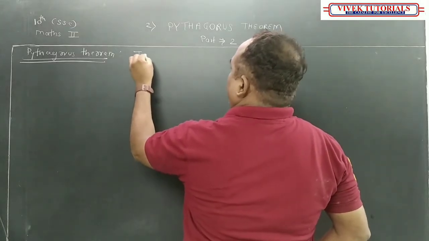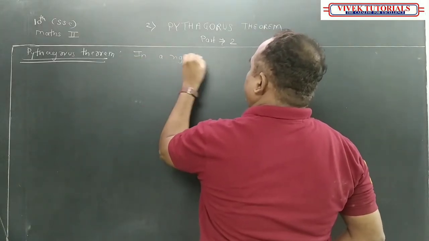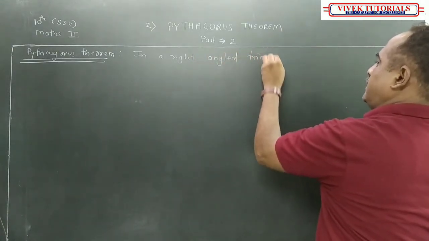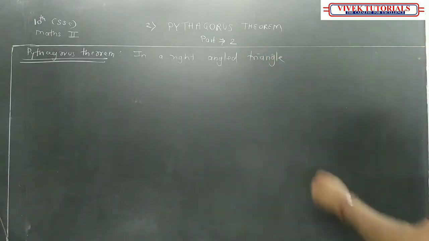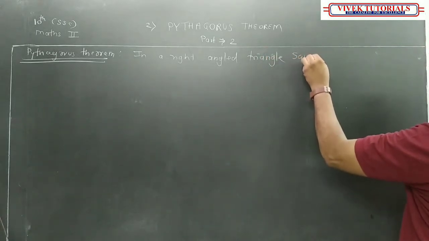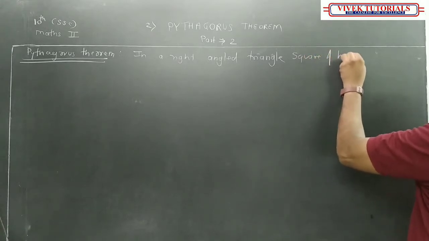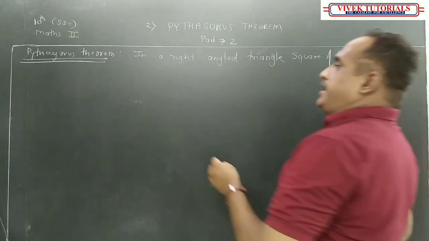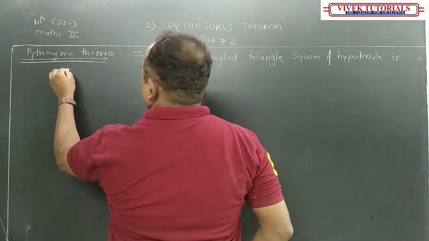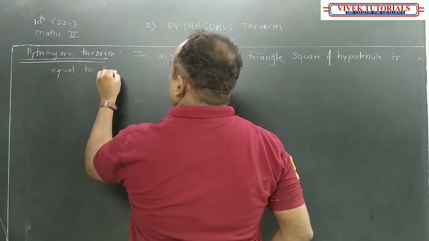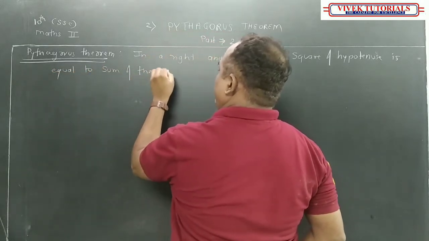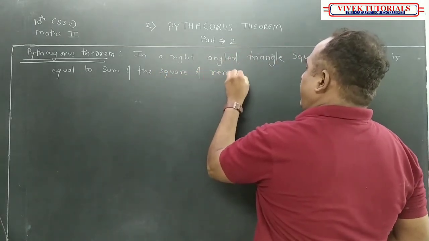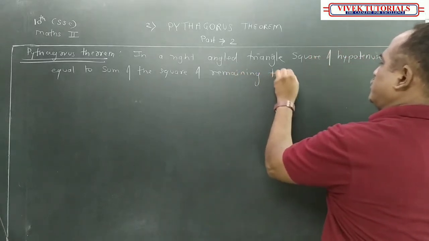In a right angle triangle, square of hypotenuse is equal to sum of the square of remaining two sides.